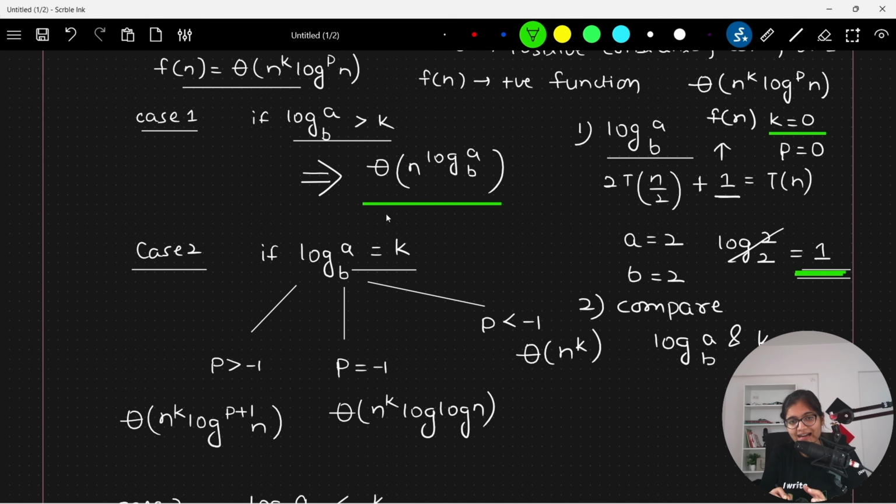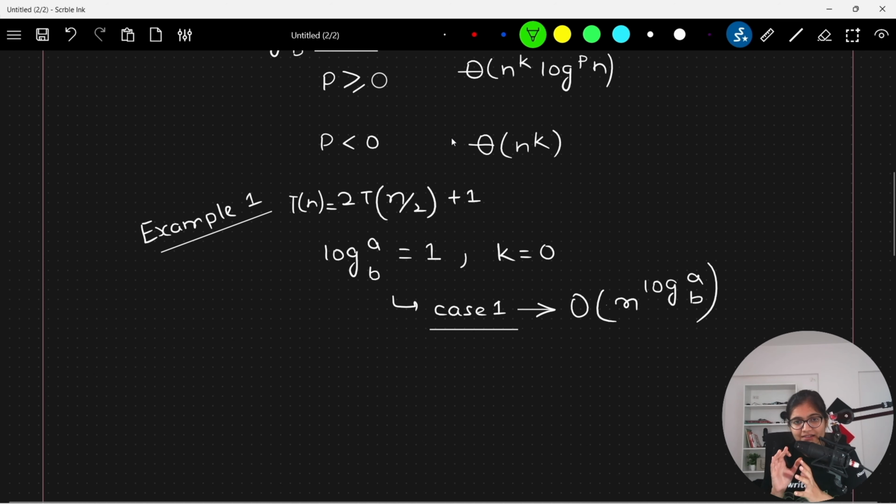So it simply says that first of all, compute the value of log of a base b, compute the value of k, and just try to compare what the relationship is. Either it will be greater or lesser or equal. Accordingly, it will fall under the category of case number 1, 2 or 3.